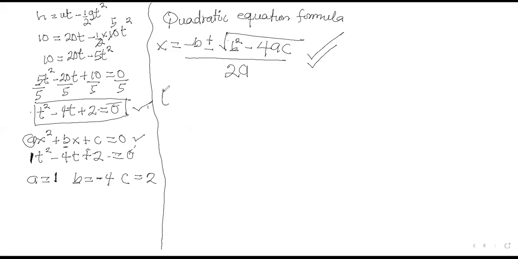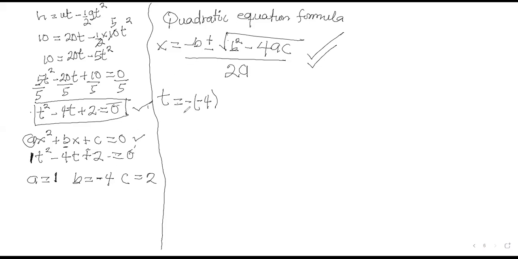So my t would be equal to minus b. Then I substitute the value of b, which is negative 4. So minus, don't forget this negative is already there.